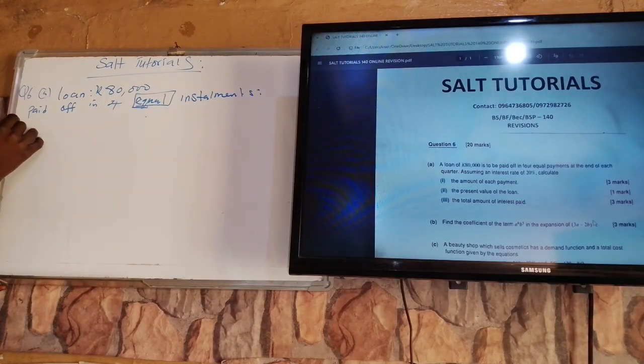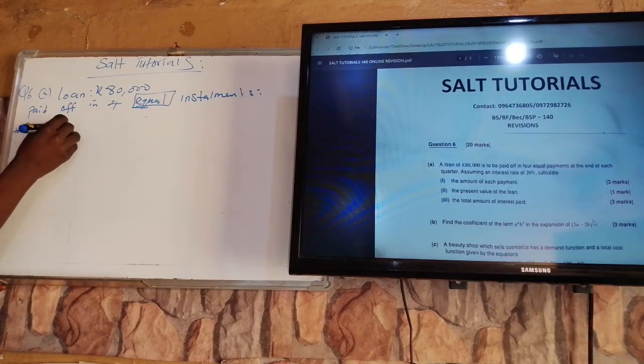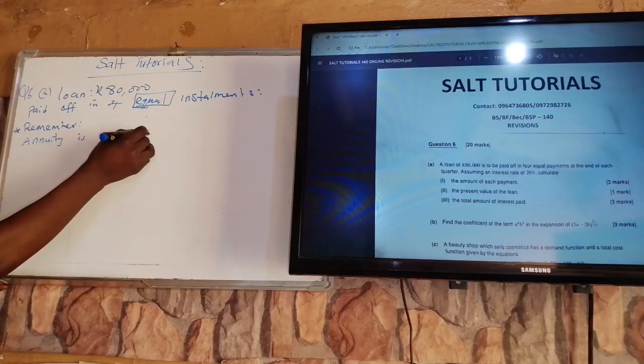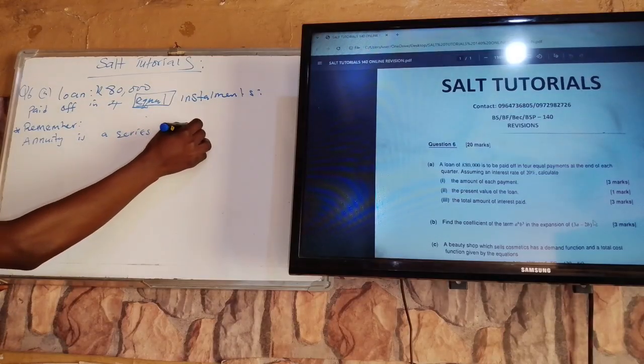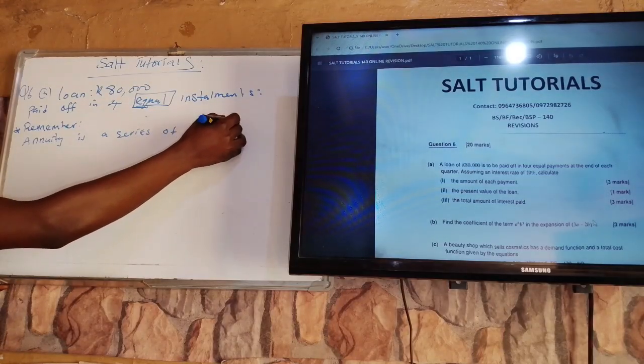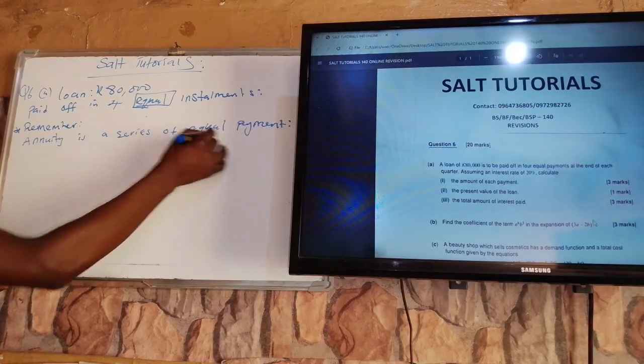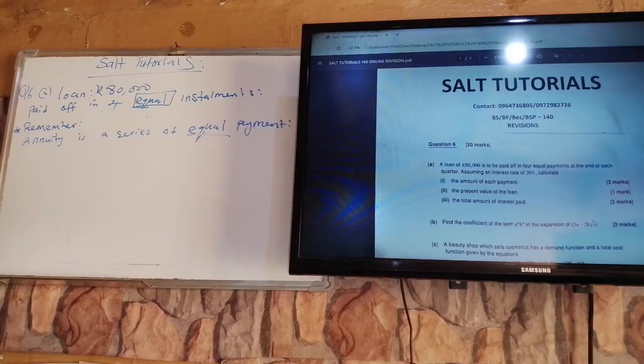Remember that an annuity is a series of equal payments. Sometimes it's not always to repay a loan.